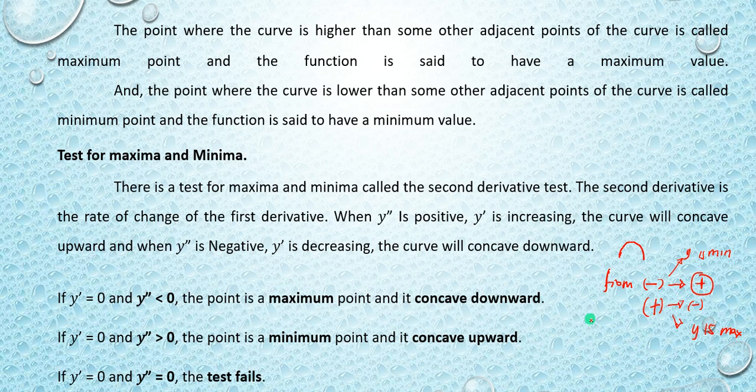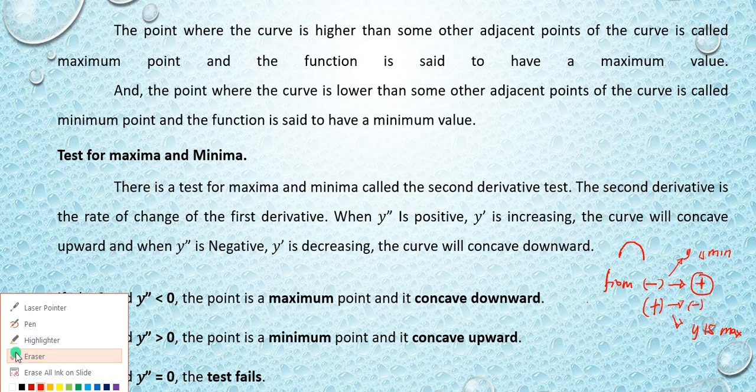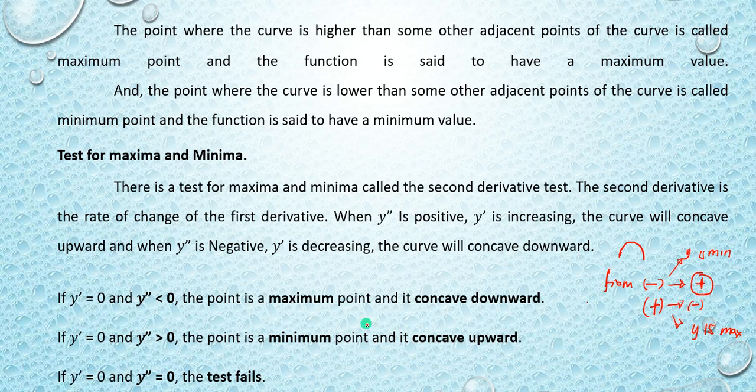So if we look at the graph in a Cartesian plane, we'll put in a graph. It will look something like this.